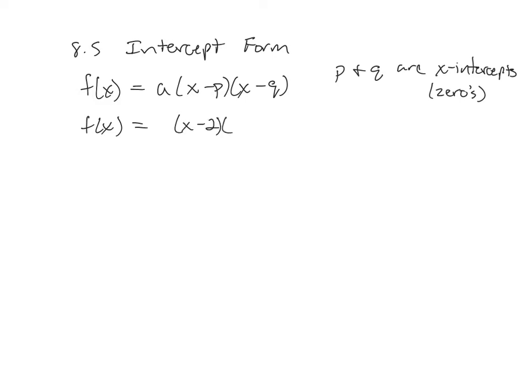So if this was the problem, the x-intercepts would be positive 2 and negative 3. So it's the opposites of what we see. Okay?